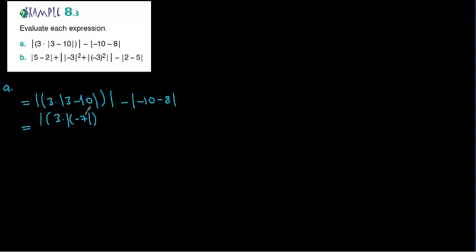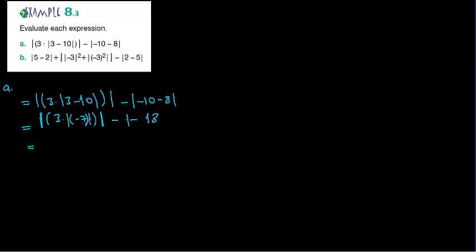Then minus, this is the absolute value of this one. Then minus 10 minus 8, it's going to be equal to minus 18. Actually, I should correct this one. Minus 18 it's going to be.